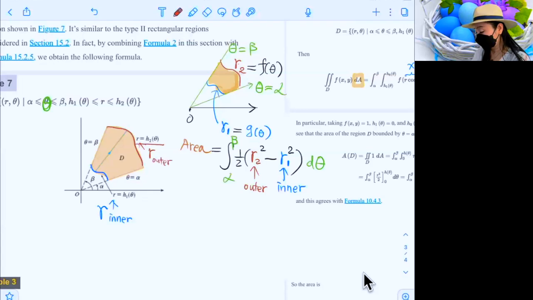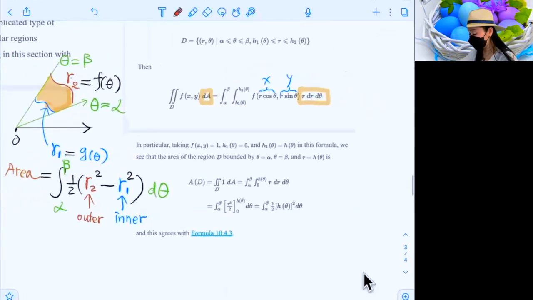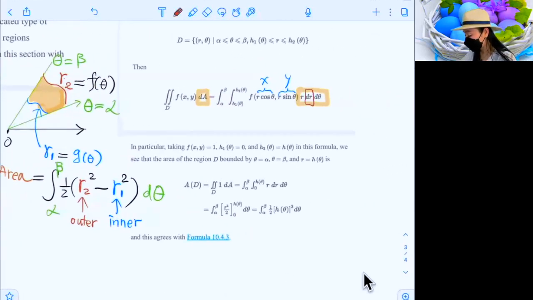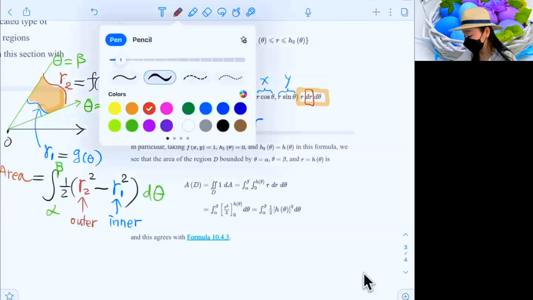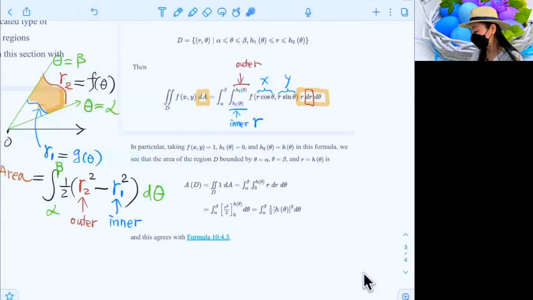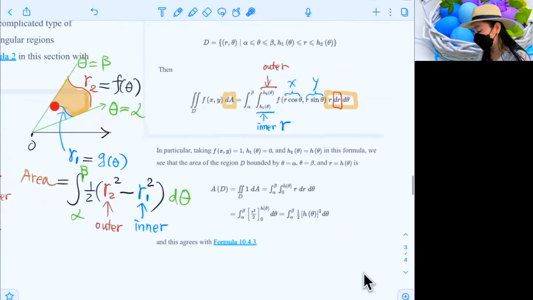So when we have this integral over here, the r over here is going to change from this inner one to this outer one. So r changes from this to this. And looking at this picture, actually this picture also works.